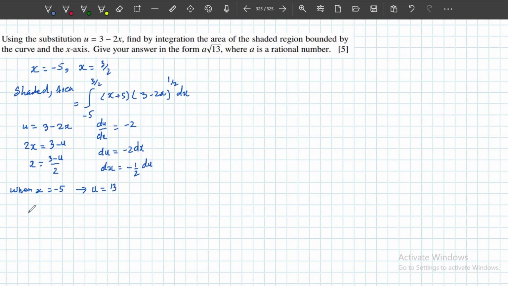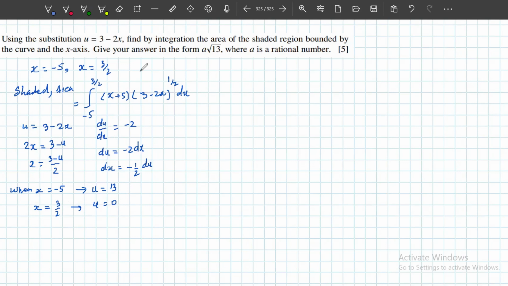And if we have the second value of x, 3 by 2, then what is the value of u? If you replace x here with 3 by 2, we can cancel 2 and 2, and then plus 3 and minus 3 gives me 0. So u becomes 0. So now our limits are 13 to 0. In place of minus 5 to 3 by 2, we will write 13 to 0 when you substitute.